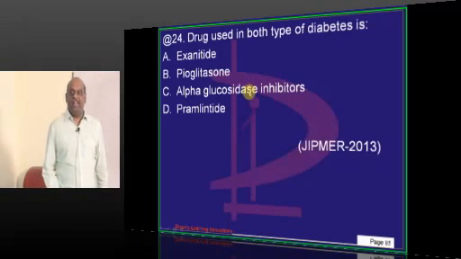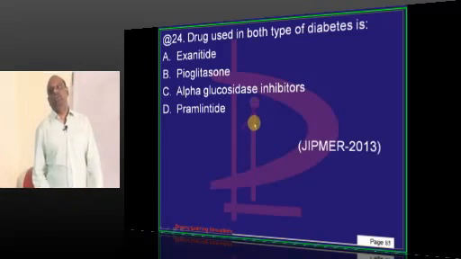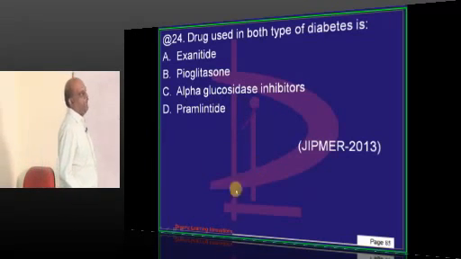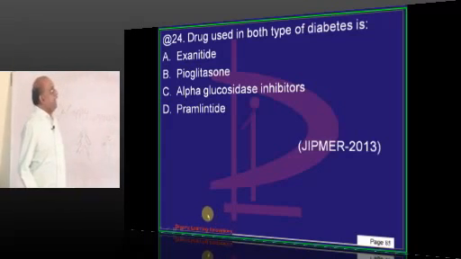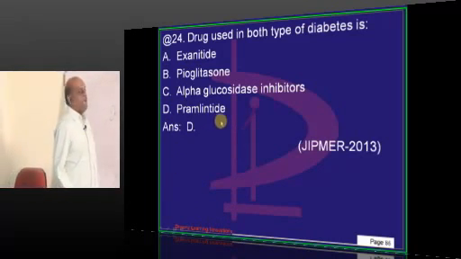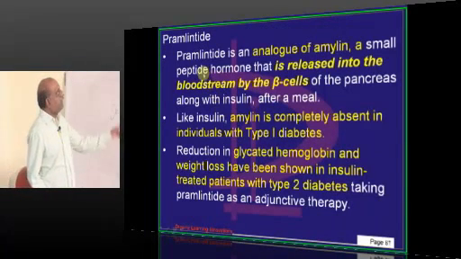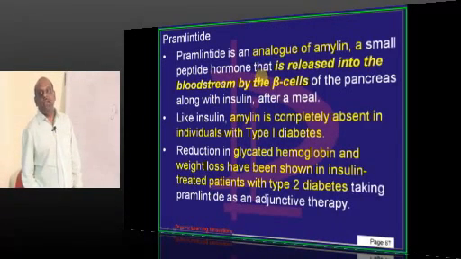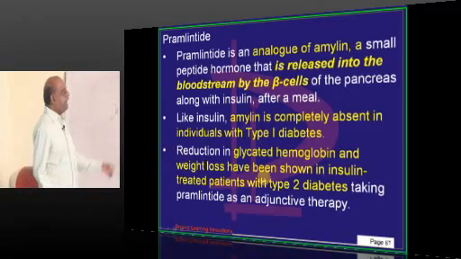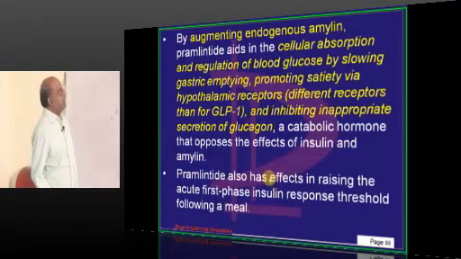Without anything in hand, the mind will be flowing somewhere with its thought process. So we will give you the question paper when you come. Please do come for a free session on Friday, PGI May 2013 paper. So what is the drug used in both? Basically we use pramlintide. Pramlintide is an analog of amylin, which is typically absent in type 1 diabetics and reduced in type 2.